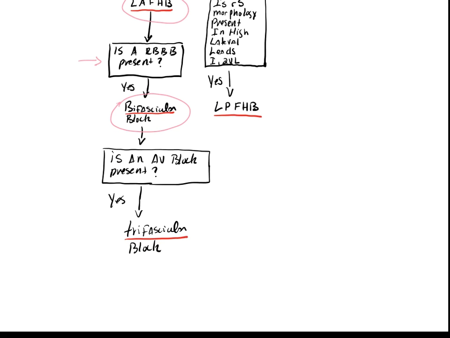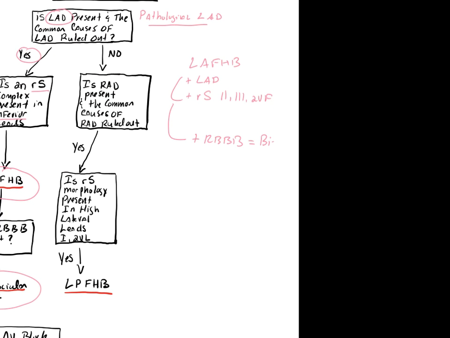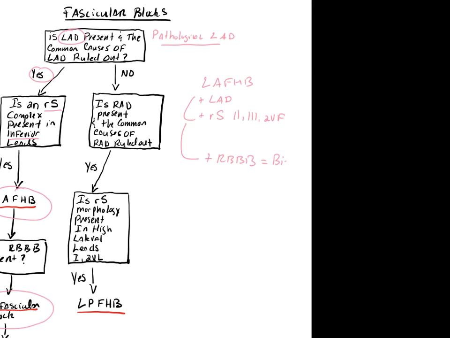And then finally you ask yourself, is an AV block present? And if the answer to that is yes, you have a trifascicular block. All right. So all of this plus an AV block gives us a tri.